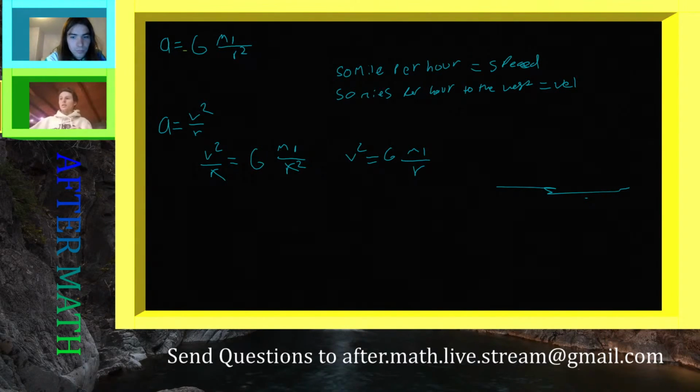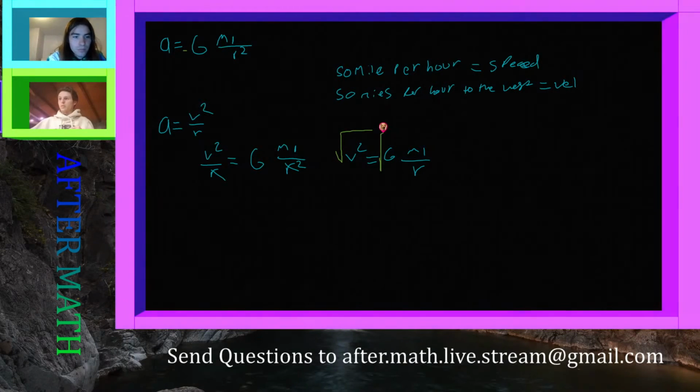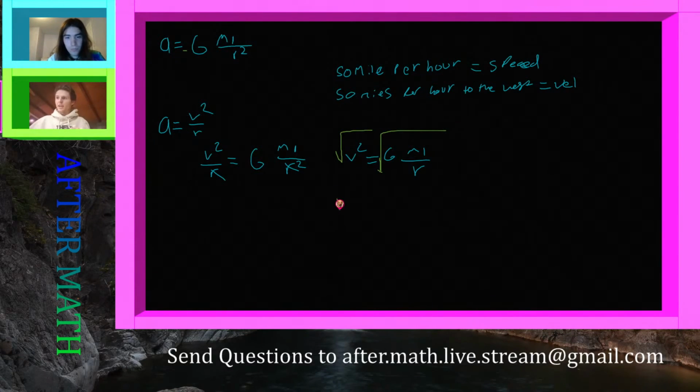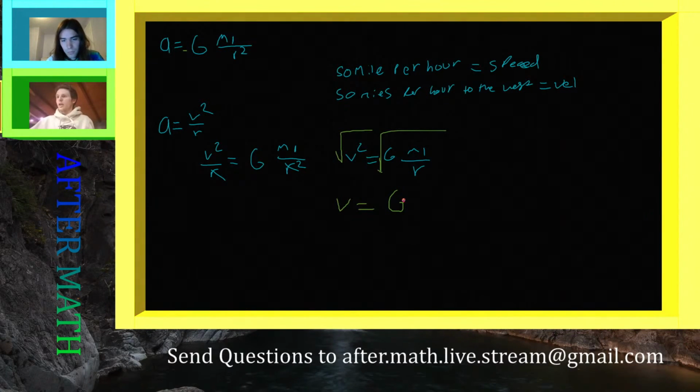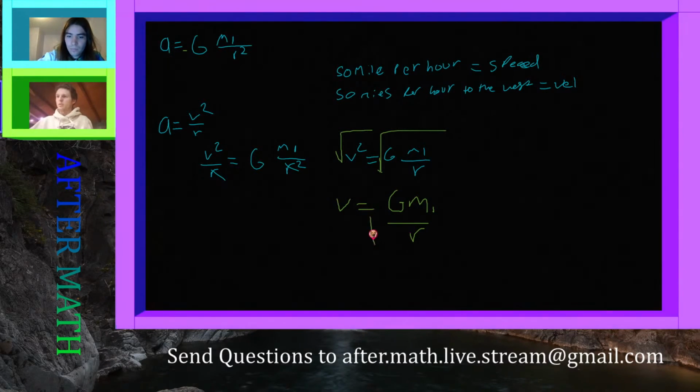Doing that will leave us with v equals big G m1 over r, all of that under the square root.